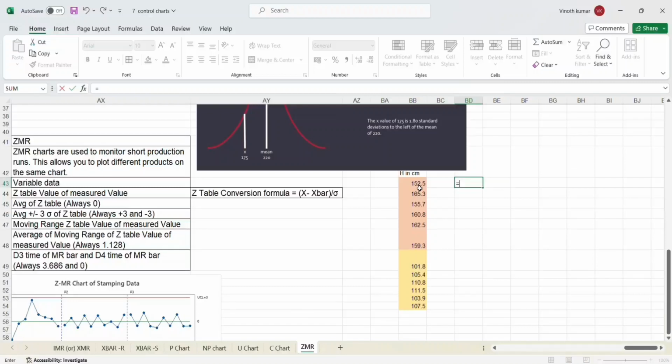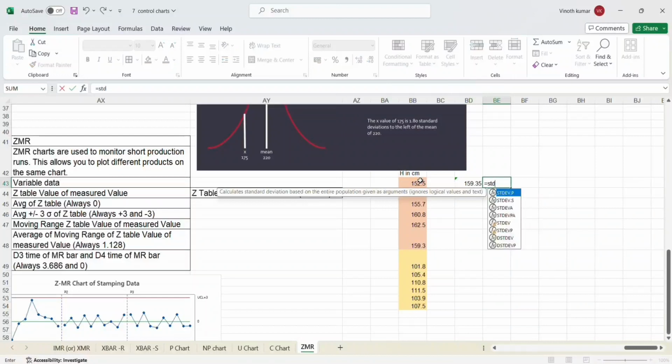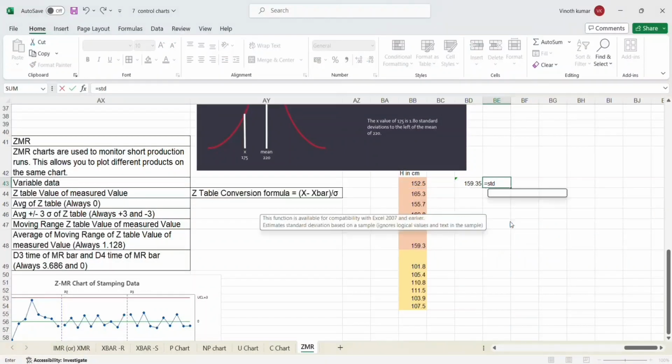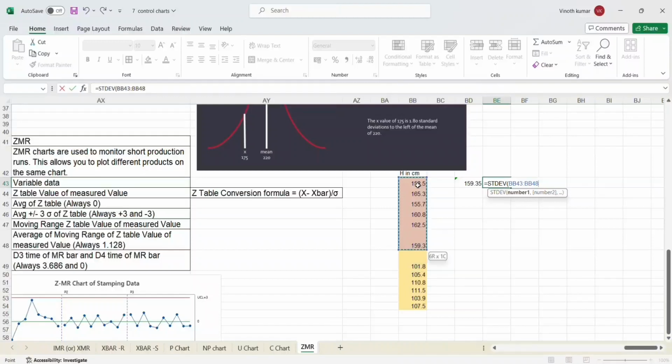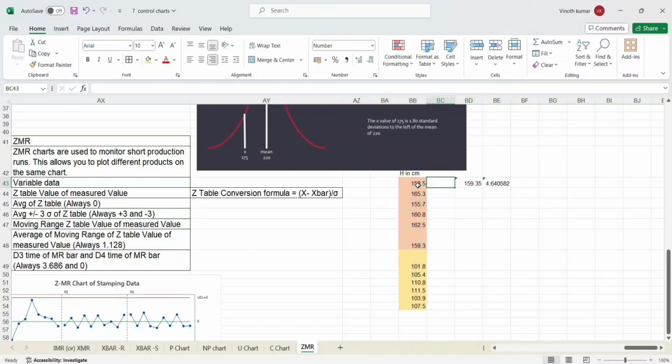First I will calculate the average of these values, the average of 11th standard students' values. Then I calculate the standard deviation of 11th standard students' height. So here is the average and here is the standard deviation. Then I say is equal to absolute value minus average.